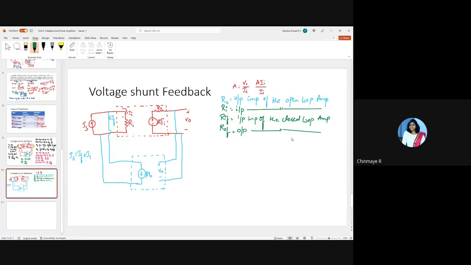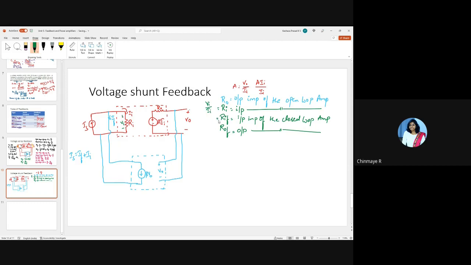Right? So now let's solve for it. What is Ri? Ri is input voltage divided by input current. So here, if the voltage is Vi, then Ri is Vi divided by Ii.